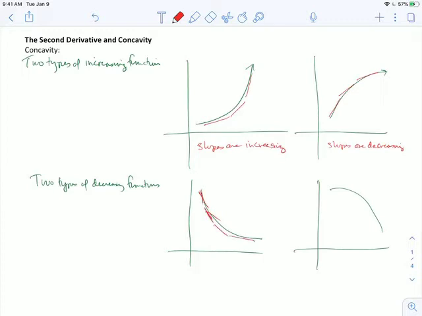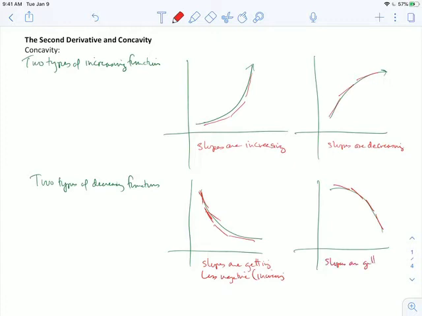They all have a negative slope, but they're becoming less negative. And so if something is becoming less negative, it's actually getting bigger. And so here the slopes are getting less negative, and so they're increasing in value. So slopes are increasing, getting bigger, whereas in this case, the slopes are all negative, but they're becoming more negative.